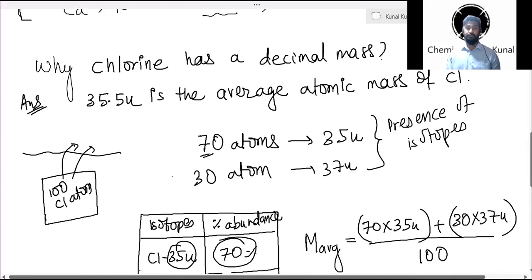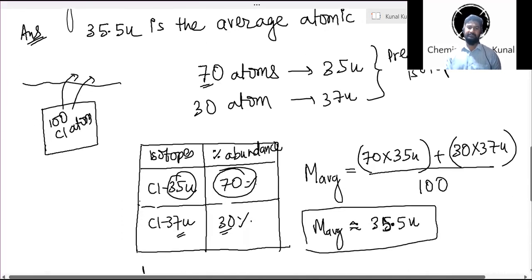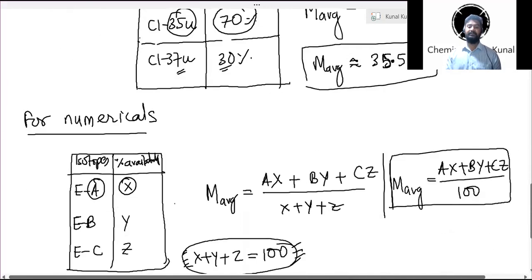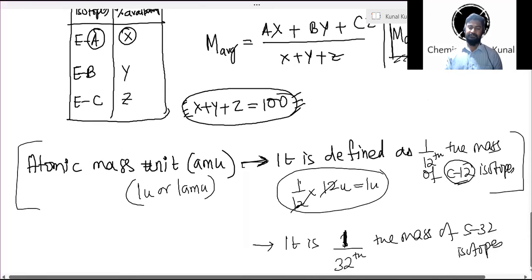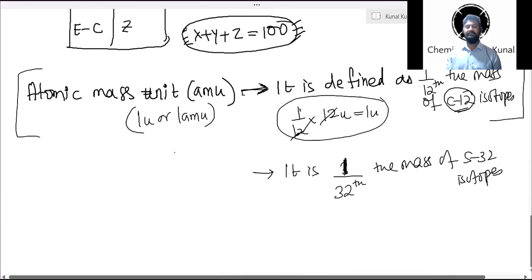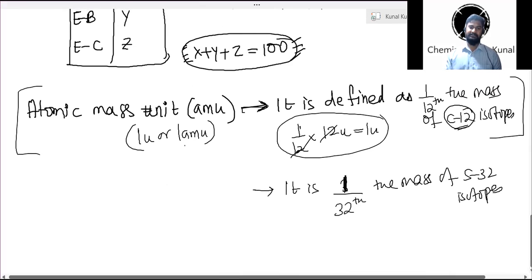It's because of the isotopes present, and it's also the average mass. Then I gave a standard general formula for doing numericals. And then I told you the definition of atomic mass unit. In the upcoming lecture, we'll be doing some numericals of average mass.